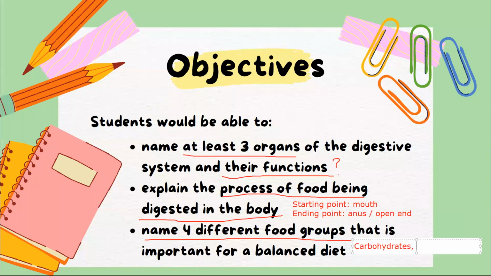Then next, above carbohydrates, vitamins and minerals. Very good. The next food group is very important to build your muscles. What is it? Proteins. Good. Last but not least, this is the food group that you should eat the least. Fats and sugar. Very good.